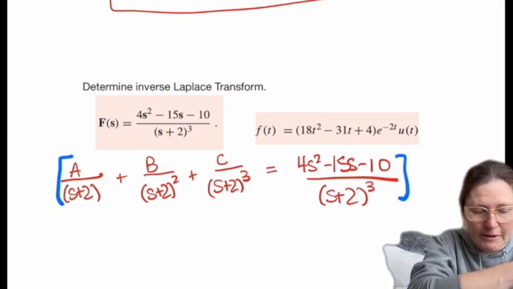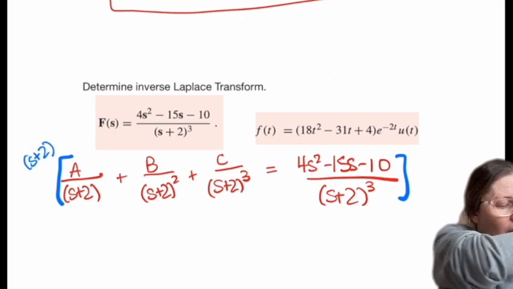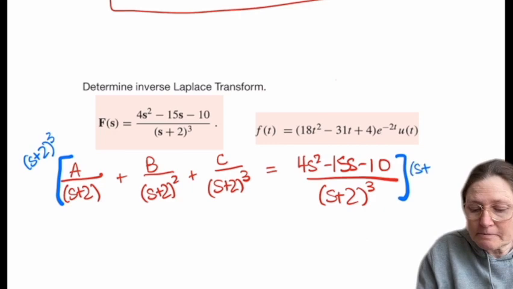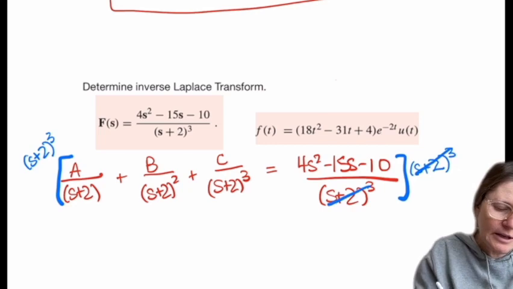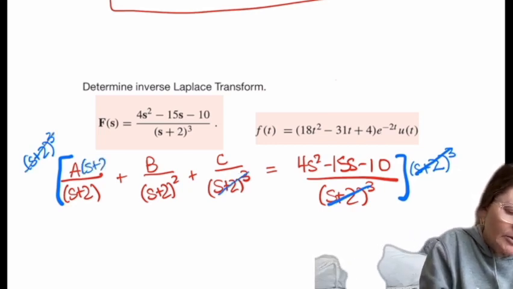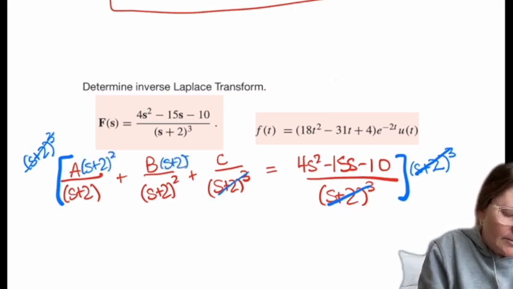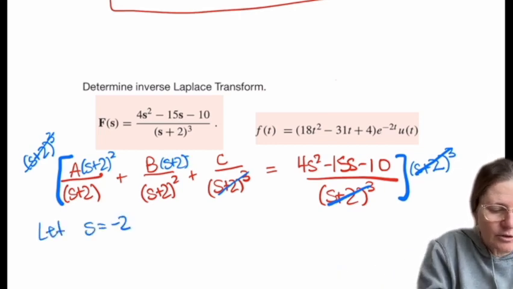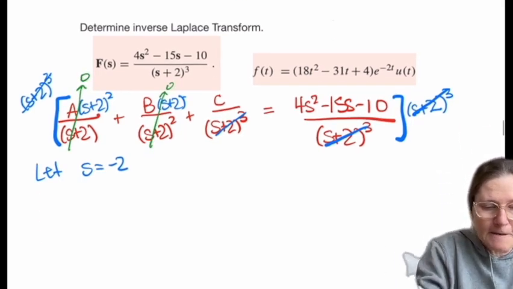I'm going to multiply by s plus 2 cubed, and by starting with cubed, that's going to get rid of it on this side, and then it will get rid of it here, and then I have s plus 2 squared, and then an s plus 2. Then I'm going to let s equal minus 2 still, and that's going to put this one to 0 and this one to 0, and I can solve for c.